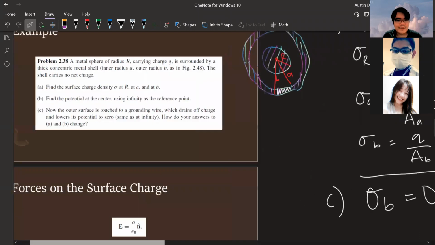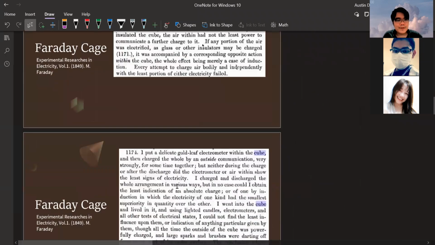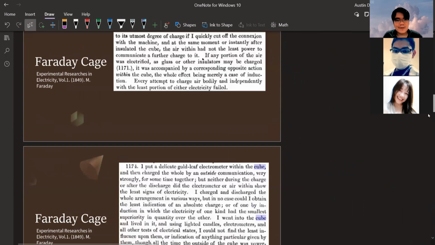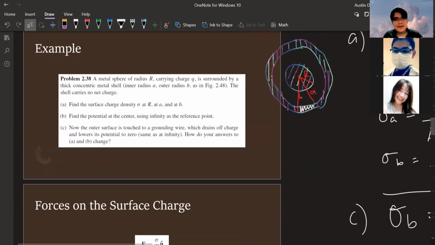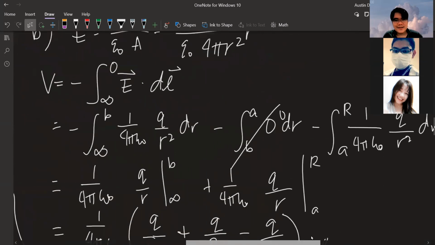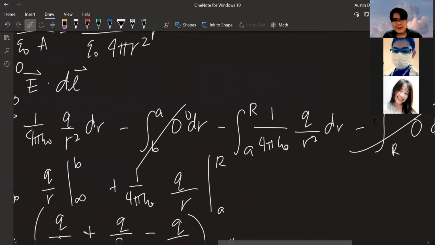So again, the basic properties ng conductor mo, E is 0 inside the conductor. So regardless kahit gano'ng kalakas yung karami siyang katabing charge, may gagawin siyang field inside such that it would cancel out kung ano nararamdaman mo. Itong dalawang to, nag-zero out sila kasi these are the regions inside the conductor. So, ayun yung sense ng conductor.